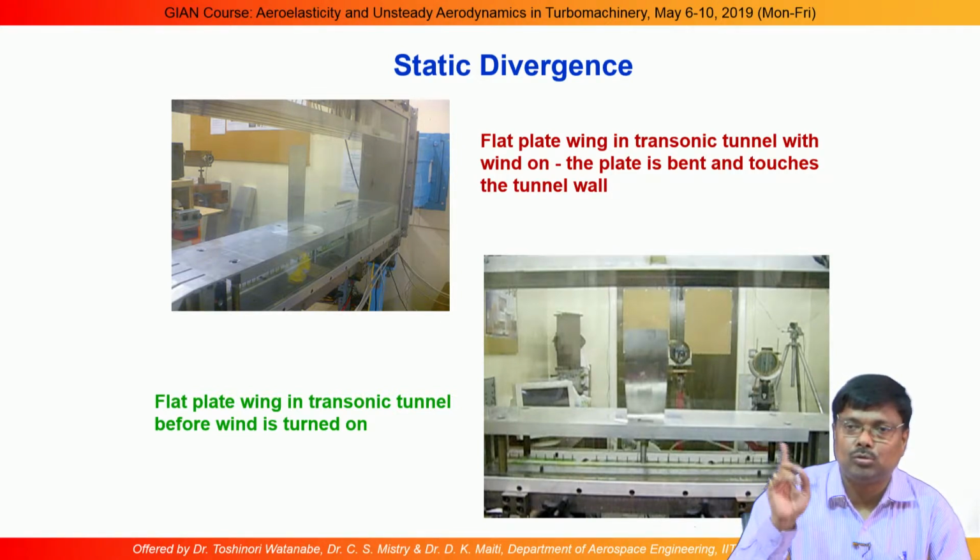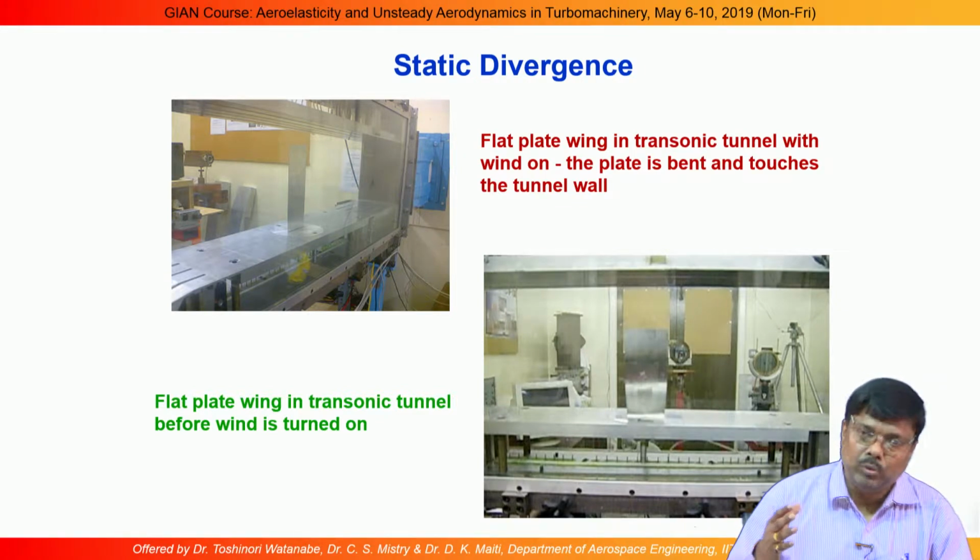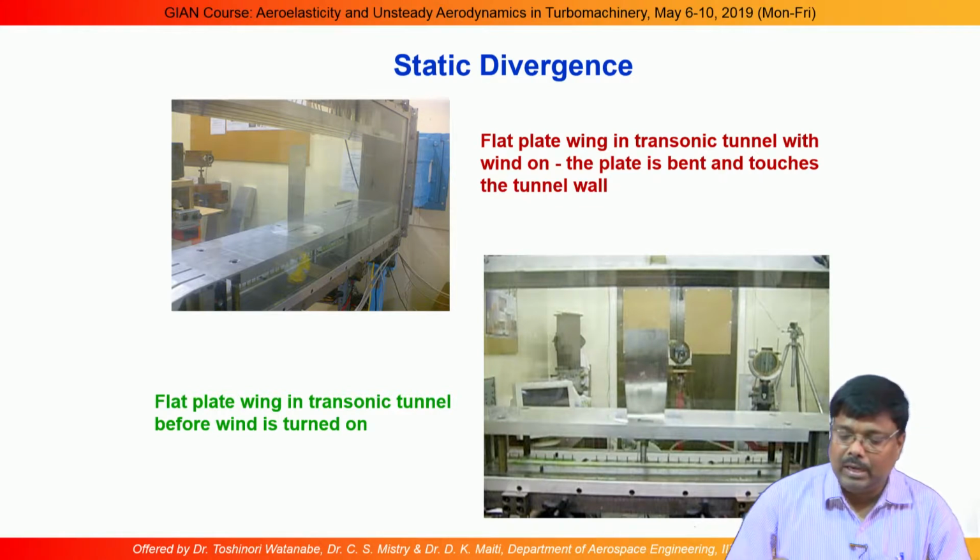Today I will also show you in our wind tunnel. We have a flutter model with which we can also perform the divergence experiment, and another model they have shown here is also a flat panel.